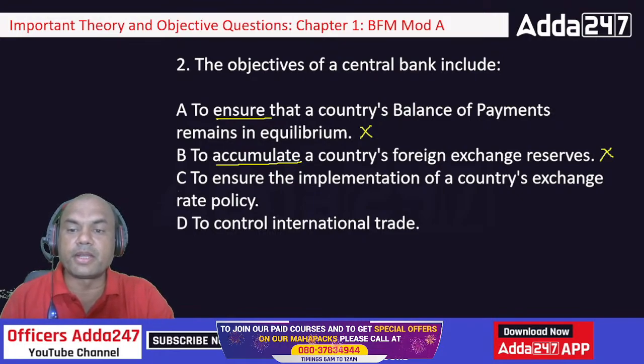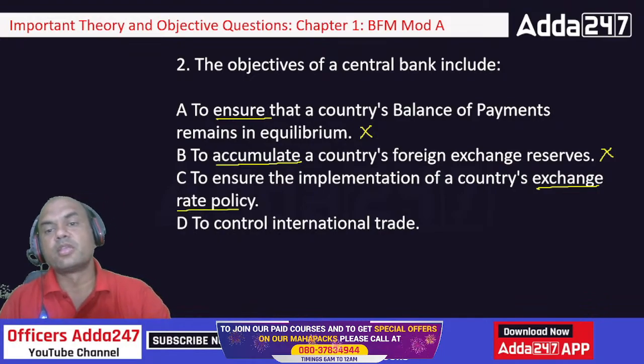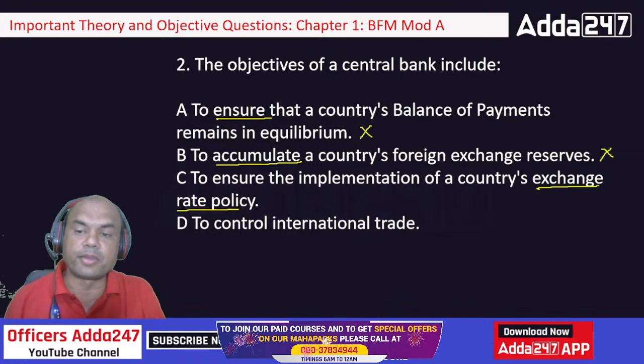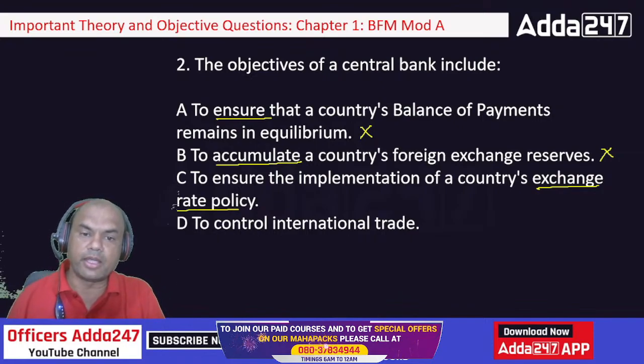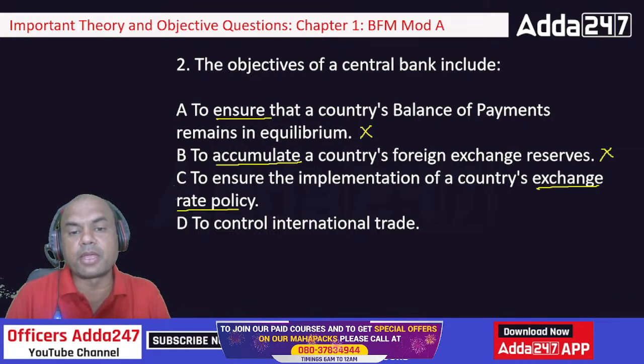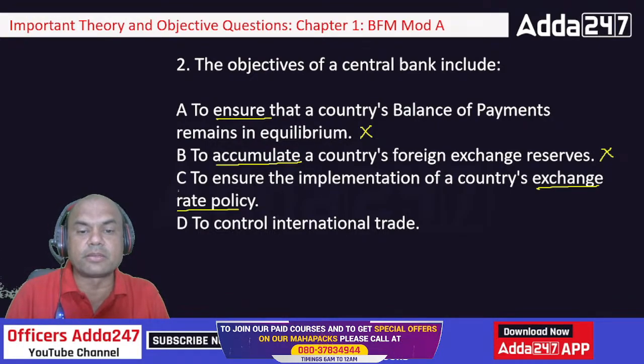To ensure implementation of the country's exchange rate policy. Is the exchange rate policy implemented by the RBI? No, it is not implemented by RBI. It is implemented by the commercial banks.